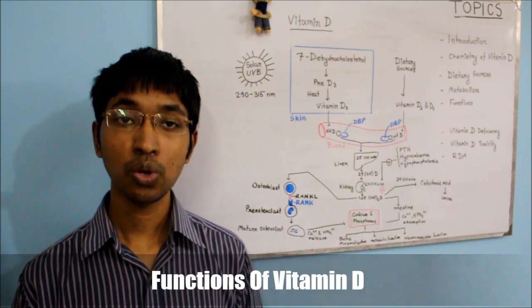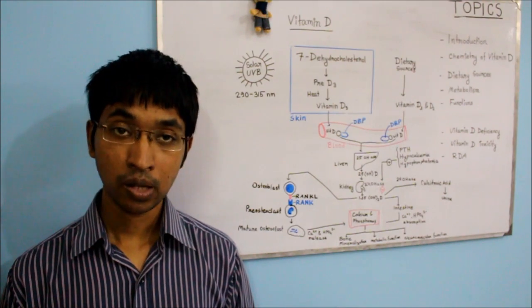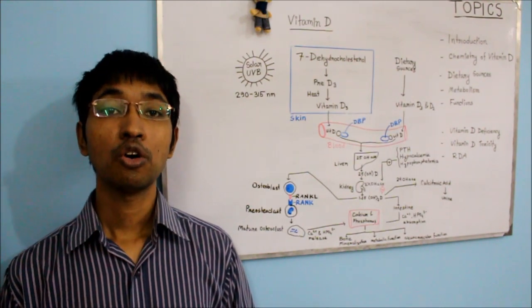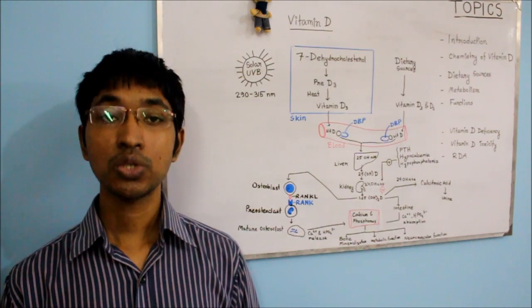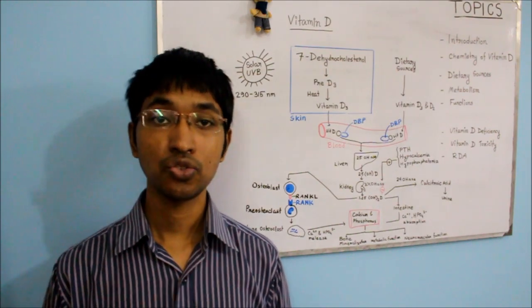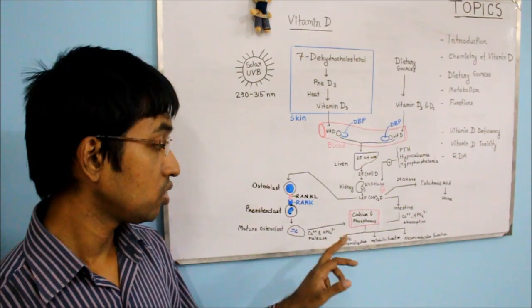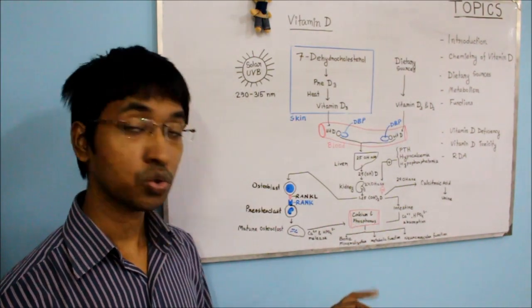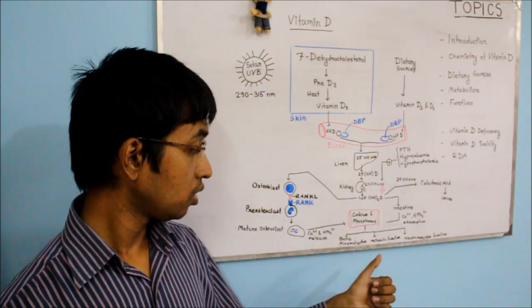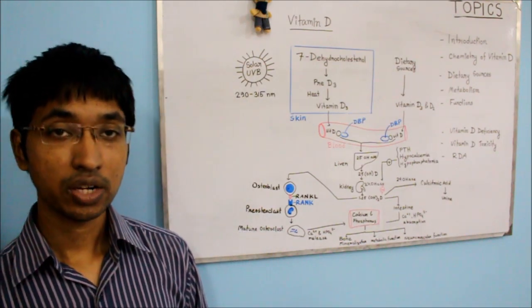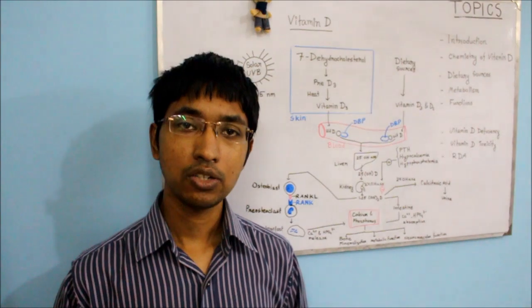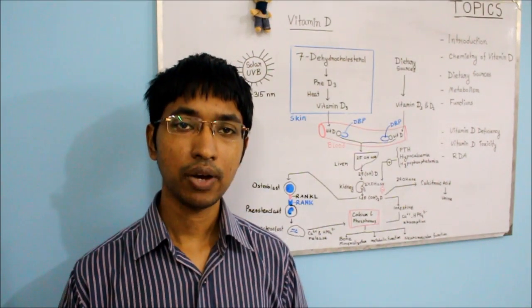Vitamin D also facilitates parathyroid hormone-induced bone resorption. And we have also seen that vitamin D has a role in bone mineralization. It also has a certain role in metabolic functions and also in neuromuscular transmission. So these were in short the functions of vitamin D.